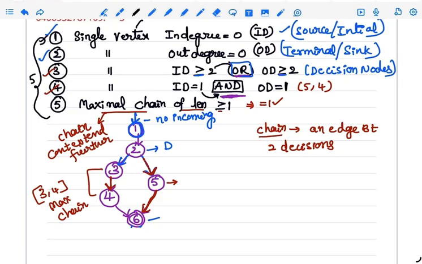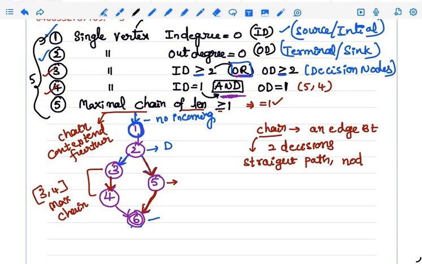Chain means an edge between the two decision nodes, or the chain is a straight path, that is, no decision points.